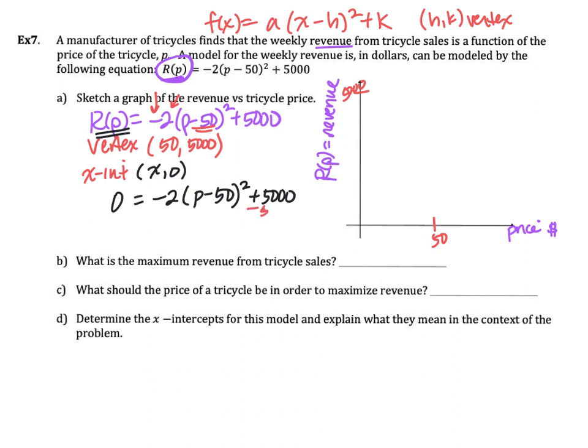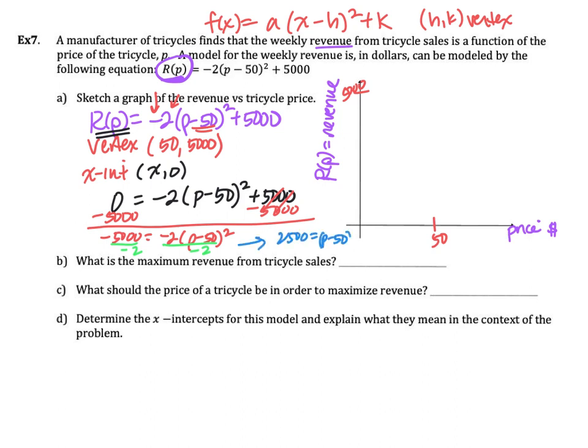I subtract my 5,000 because I'm trying to isolate P. So I get negative 5,000 equals negative 2 times (P minus 50) squared. So then I divide by negative 2. So that leads me to 2,500 equals (P minus 50) squared.